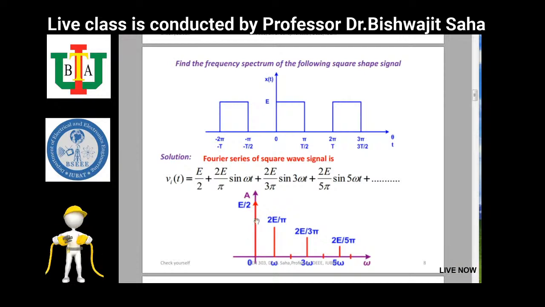It depends on the types of signal. From that we can draw the frequency diagram, and from the frequency diagram it is clearly visible that the trend of the signals is getting down according to the frequency highness.